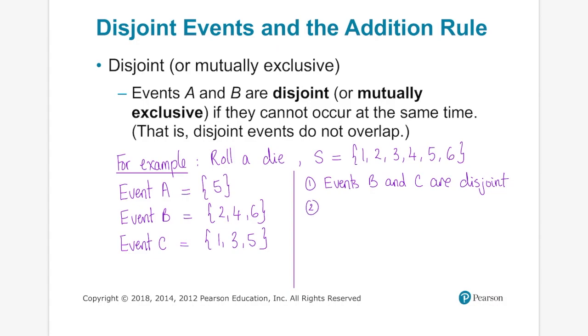Events A and B are disjoint because 5 and even, they do not share any common element. Event A and C are not disjoint because they both share a 5.